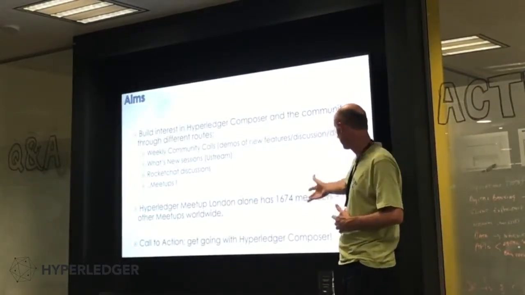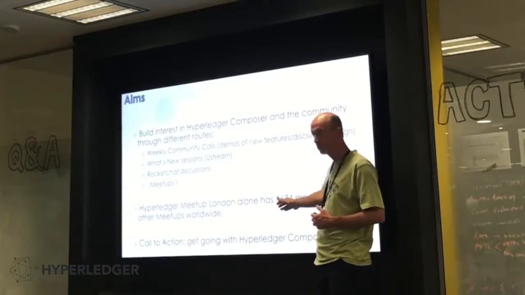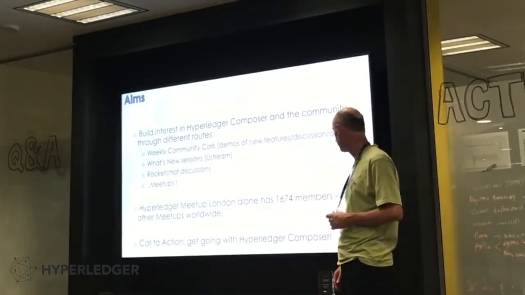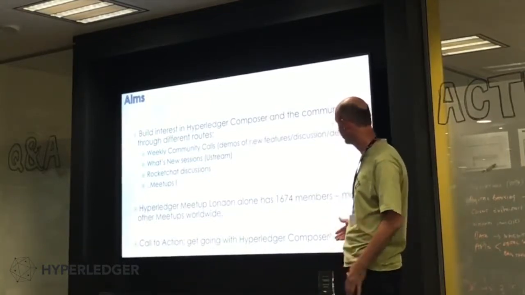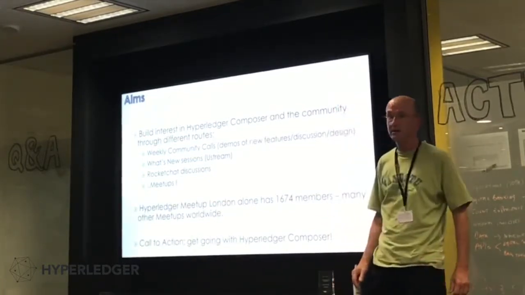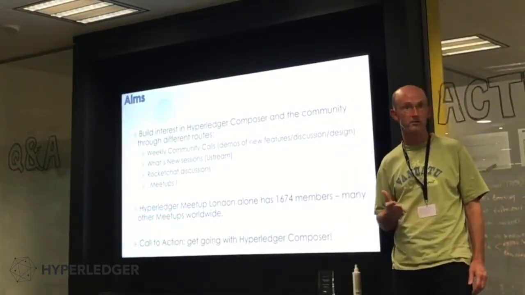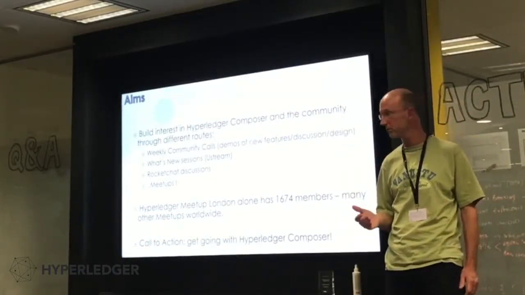To point out, it's great for us to come to a meetup and understand there's at least 1,634 members and many other meetups worldwide. So from our point of view, meetups are, if you like, one string to the bow of trying to get people to consume Composer.